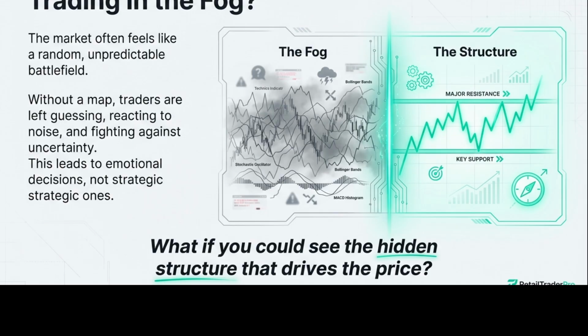The market often feels like a random, unpredictable battlefield. Without a map, traders are left guessing, reacting to noise and fighting against uncertainty. This leads to emotional decisions, not strategic ones.